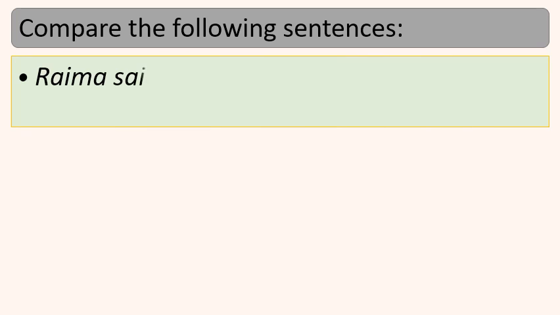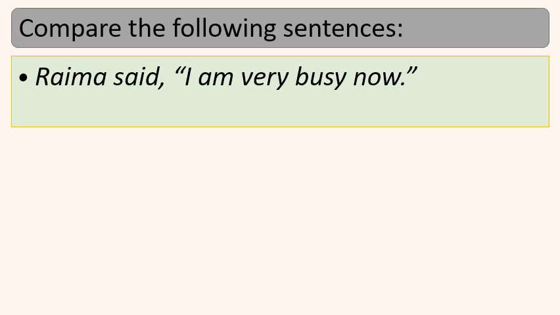So let us see an example to clarify it. Let's compare the following sentences. Raima said, comma, inverted commas start, I am very busy now, full stop, inverted commas close. So this complete sentence is called direct speech, right?